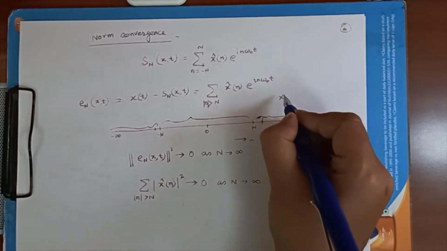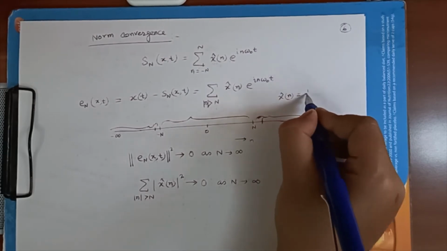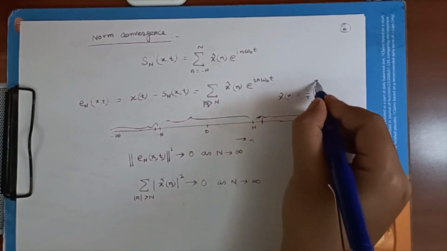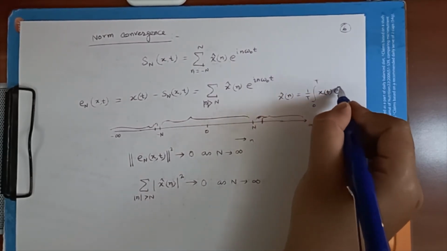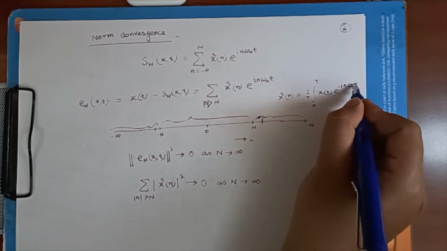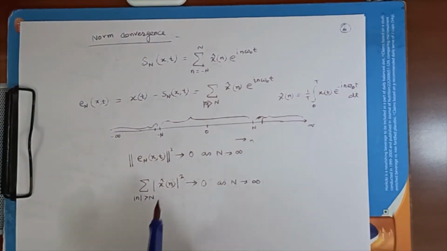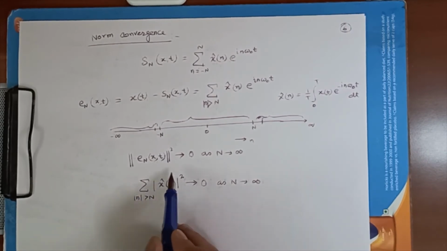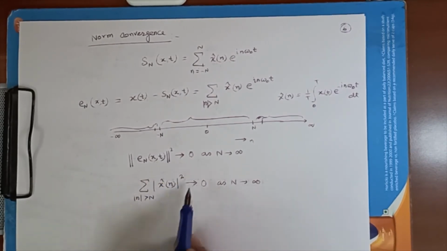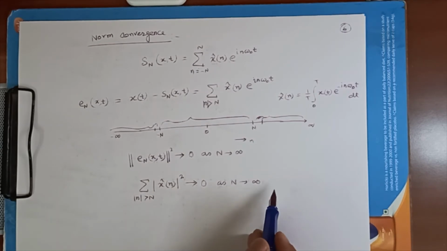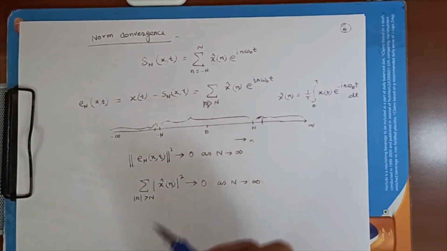So x hat n is this integral, 1 by T integral 0 to T x(t) e to the power minus i n omega 0 t dt. This you can compute, and after that you check whether the total tail energy goes to 0 as N tends to infinity. Then that will enforce the norm convergence.